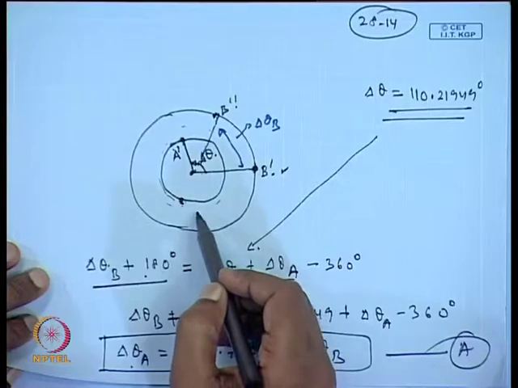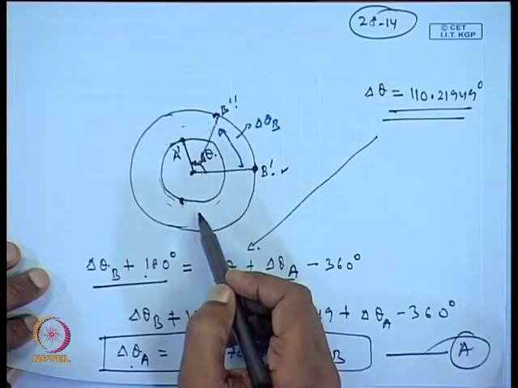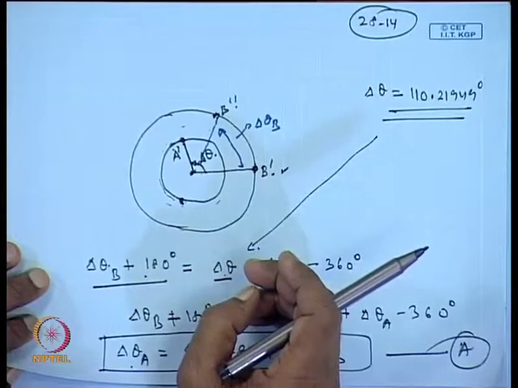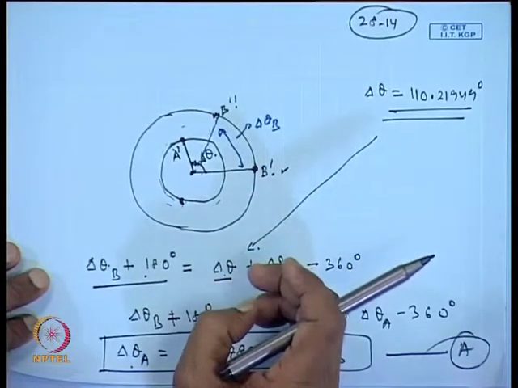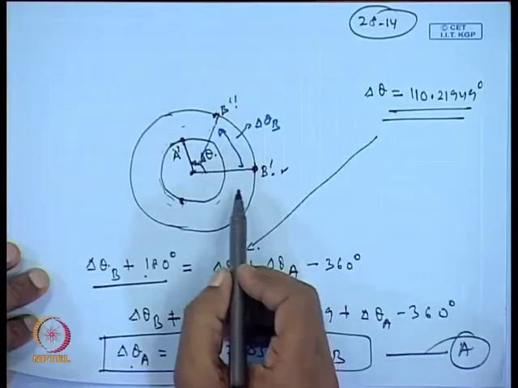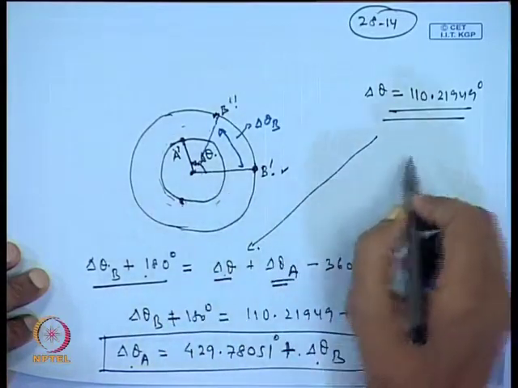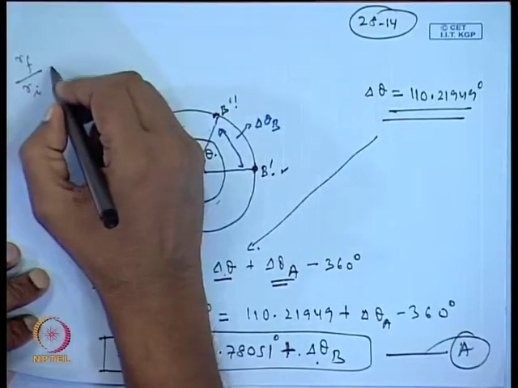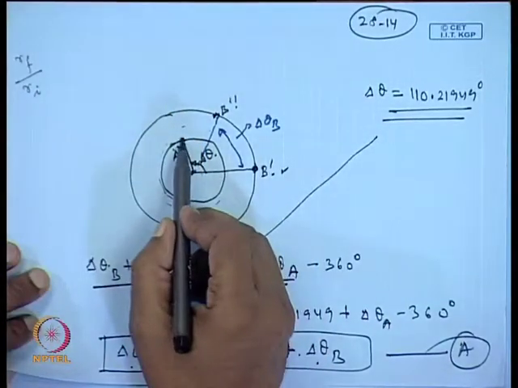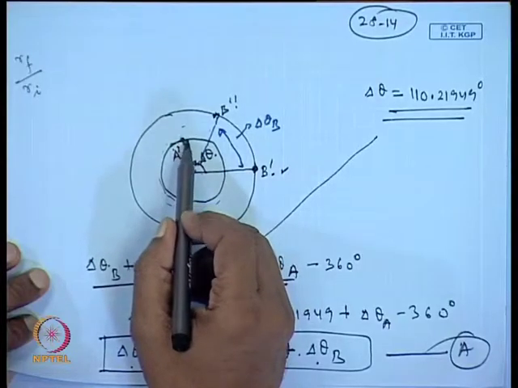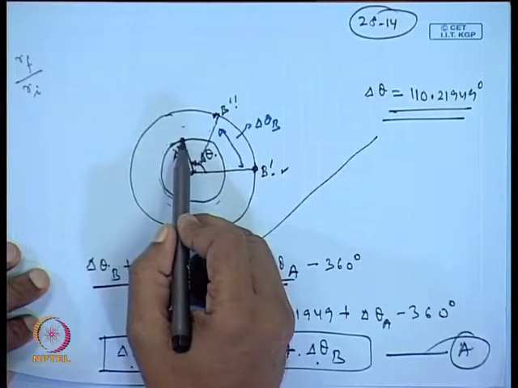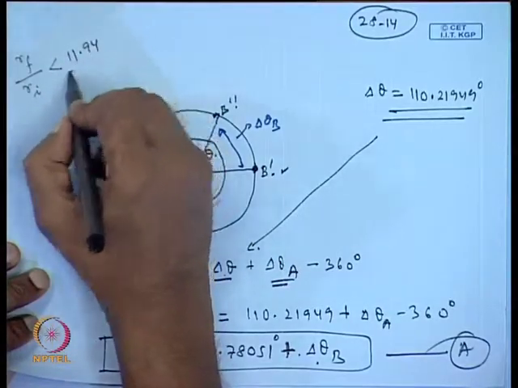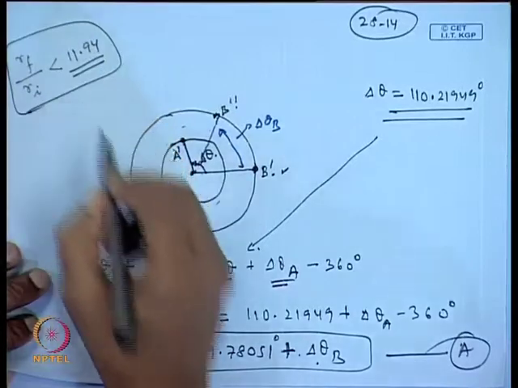That is always possible, but if the wait period has to be such that the fuel economy is minimized, then we need to apply the Hohmann transfer, because as we have seen, R f, the final radius over the initial radius, in this case when the satellite was going from asteroid A to asteroid B, was turning out to be less than 11.94, and therefore the Hohmann transfer is the best possibility.